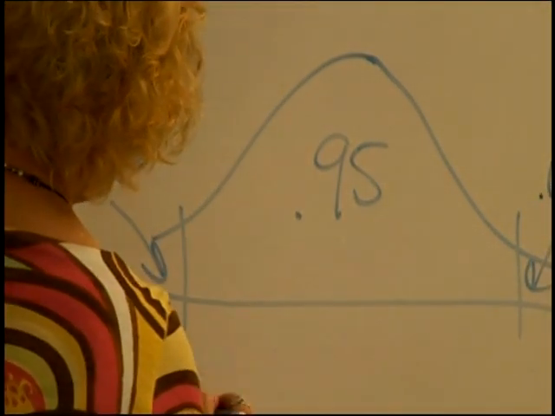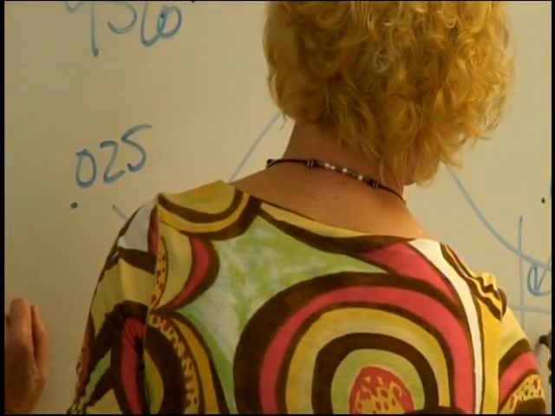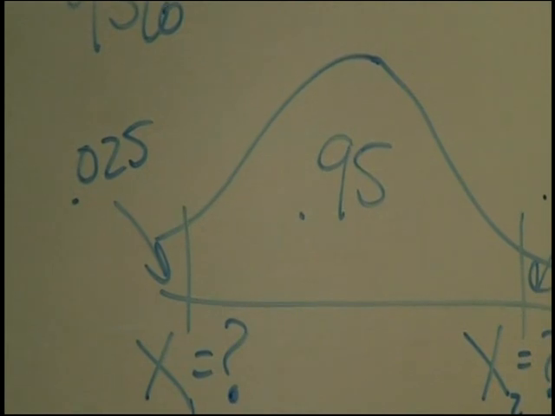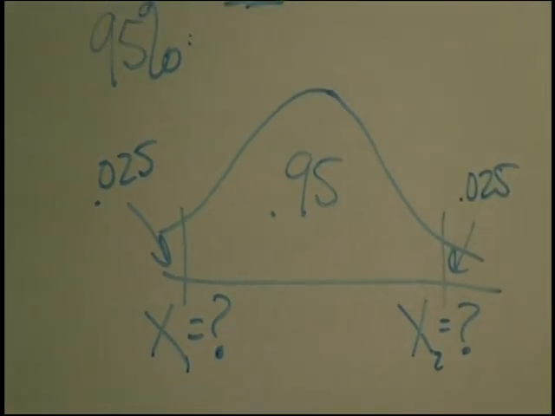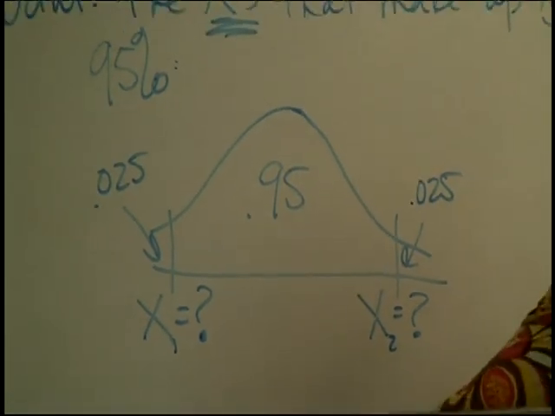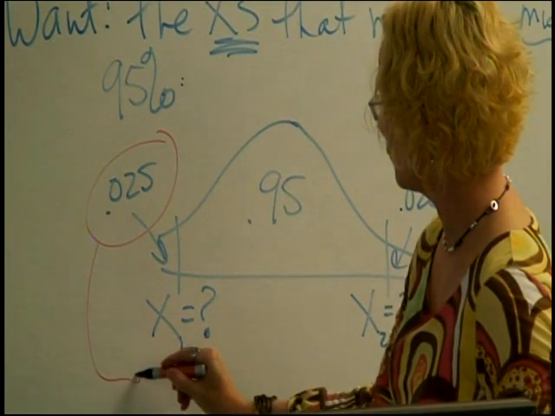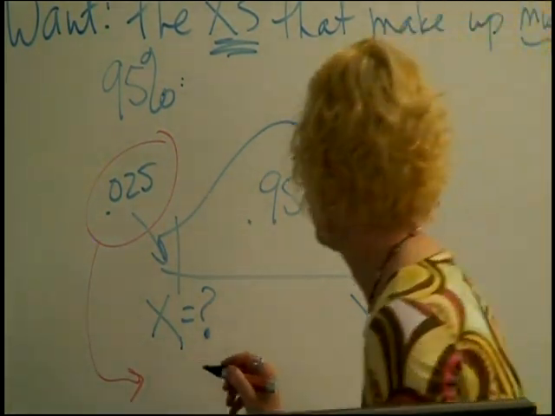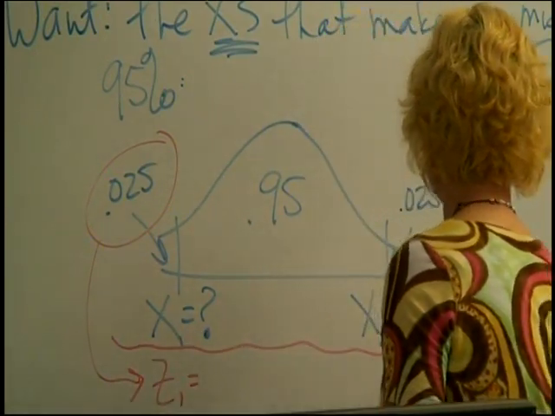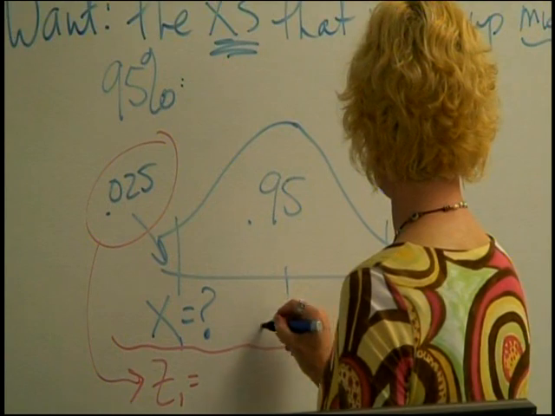So we want this X and also this one. I'll call them X1 and X2 to keep them separate. Is that all right? Okay. So X1, look up the probability to the left, find the z-score.